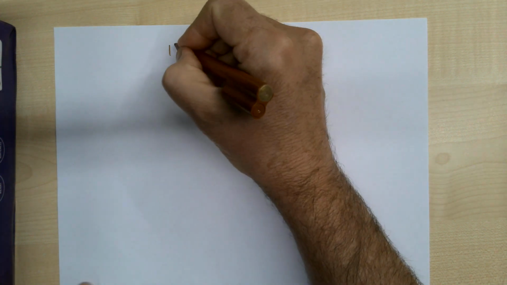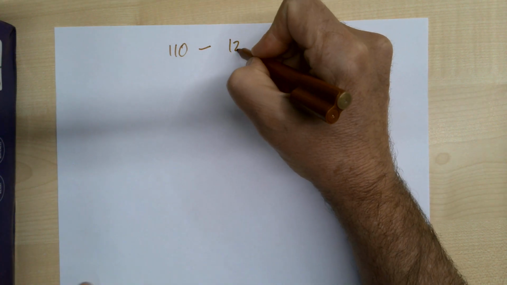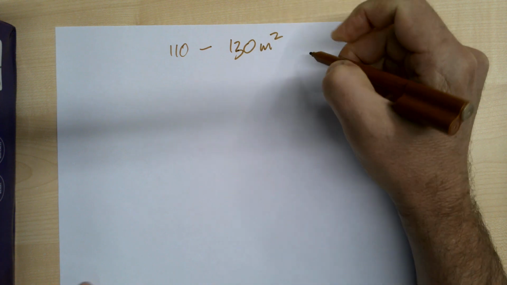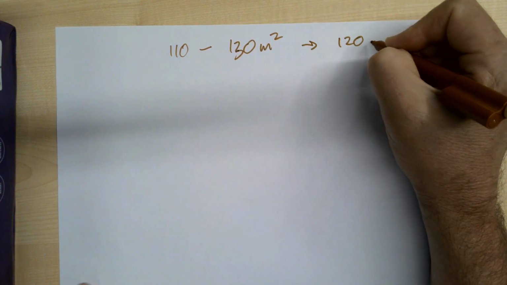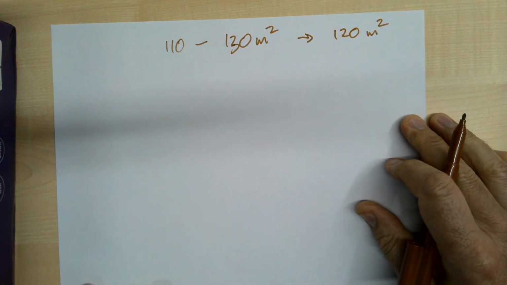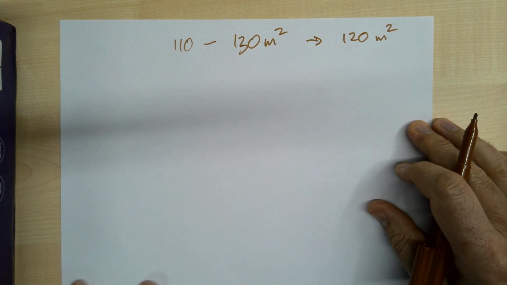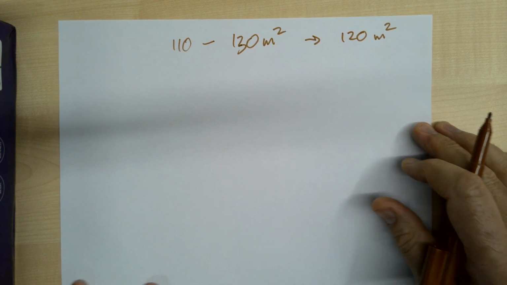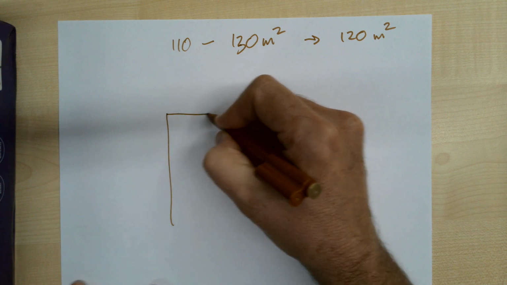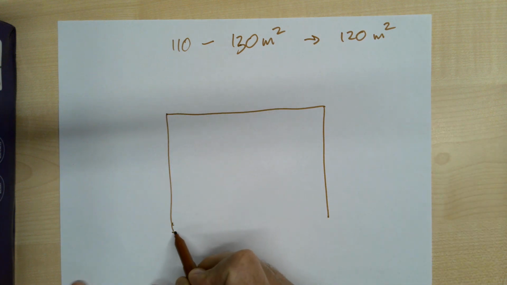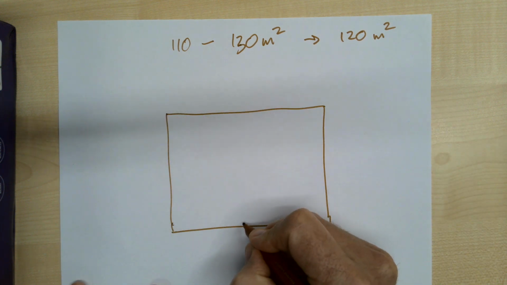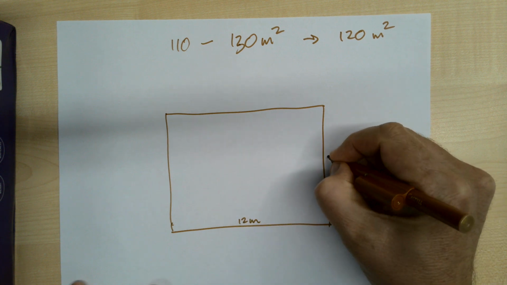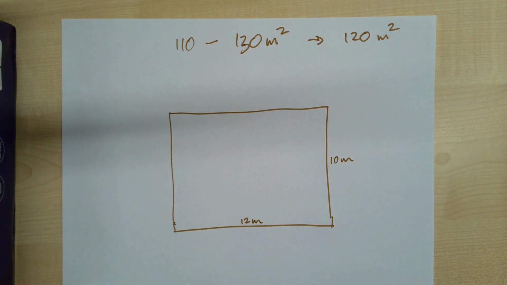We want between 110 and 130 square meters. Well, what if I just went for 120 and see what happens there? Big old rectangle, that's 12 by 10 meters. So we've got 12 meters there, 10 meters there, that's 120 square meters, cool.